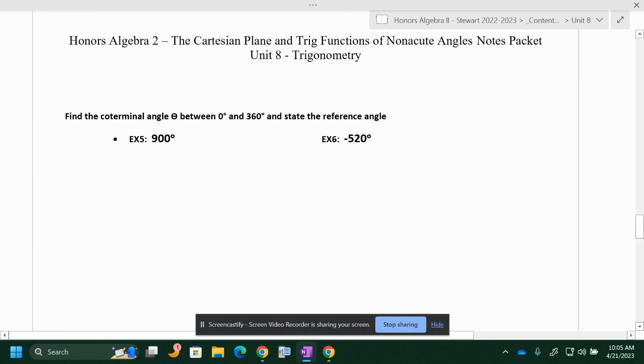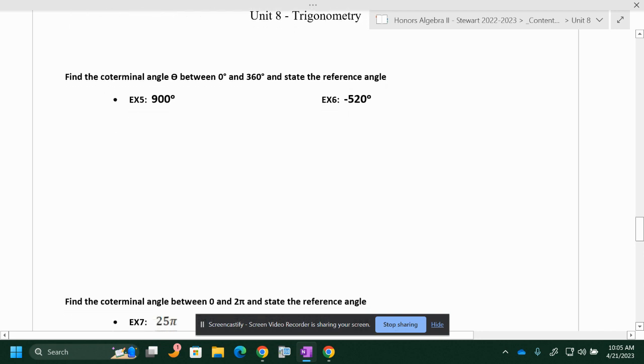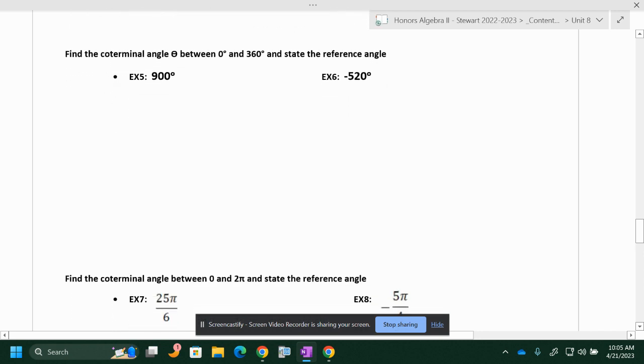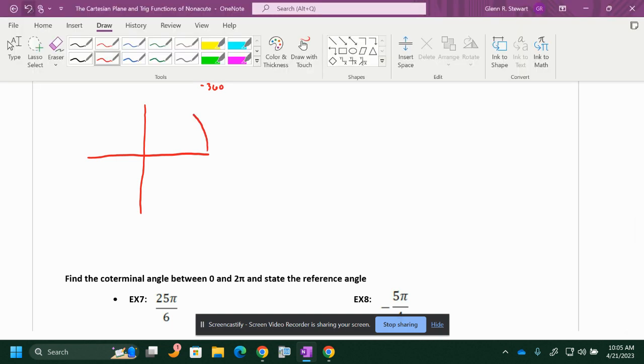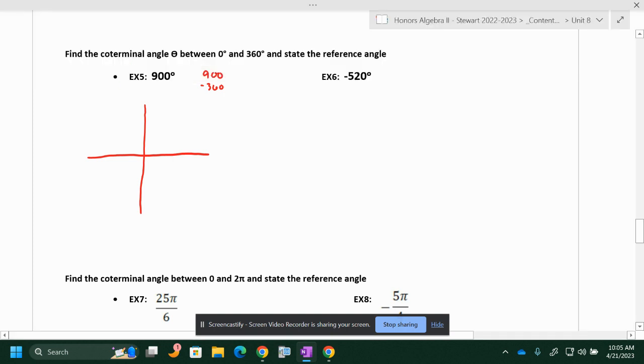So here it says find the coterminal angle between 0 and 360 and state the reference angle. It's got to be between 0 and 360. We're at 900, so let me draw this out. One full rotation from 900 means that I would subtract 360, going around in a negative way.